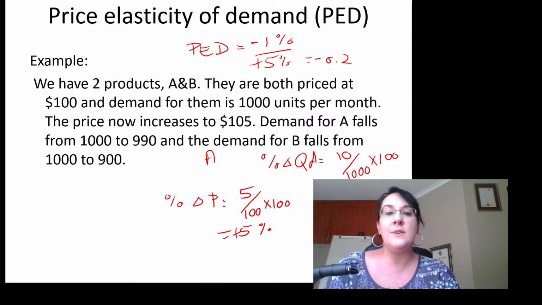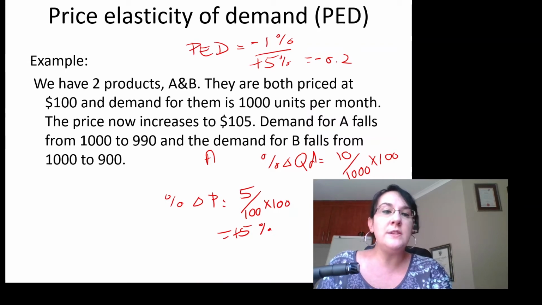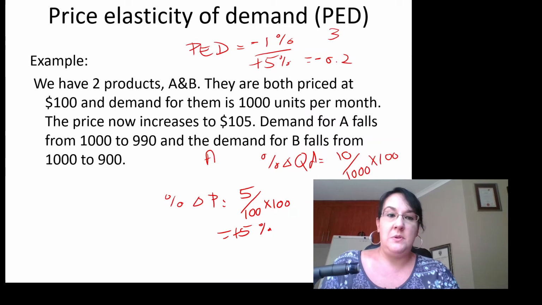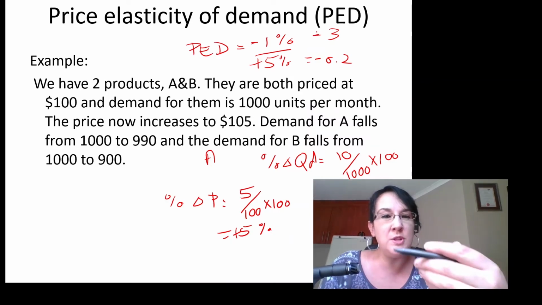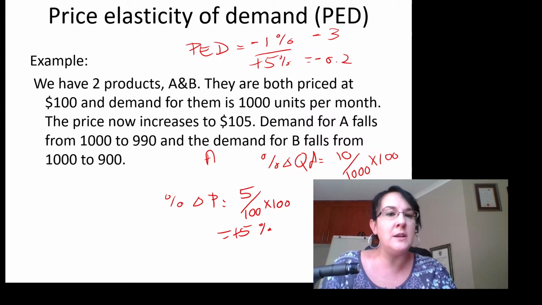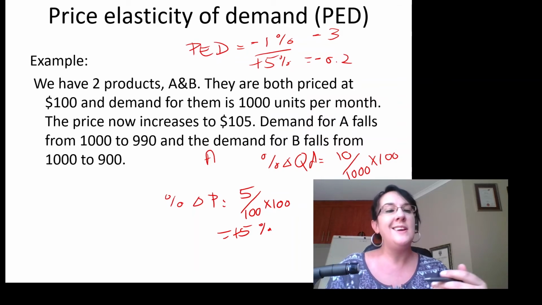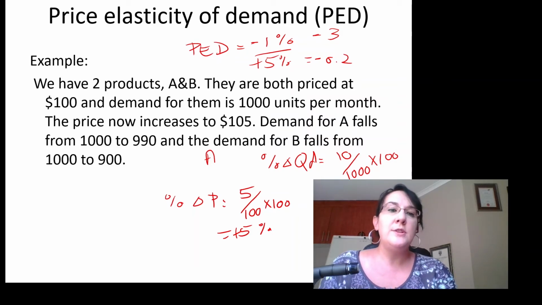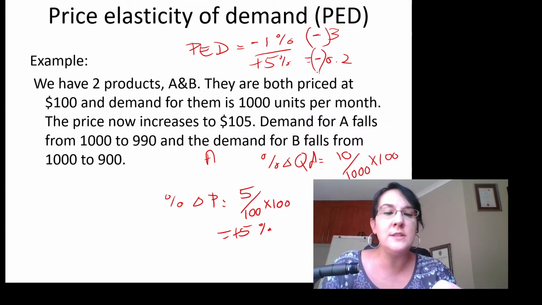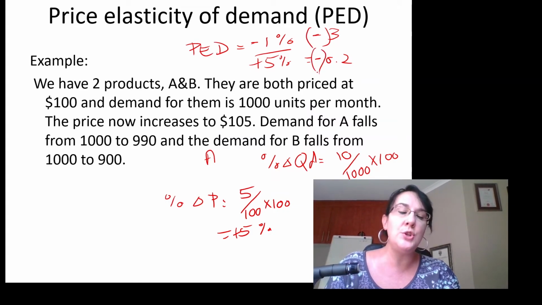So it's relatively inelastic. But what if this value was 3? You're going to tell me 3 is greater than 1? Yes. But PED will always have a minus sign in front of it because of that relationship between price and quantity demanded. So we're going to ignore the sign in front of the value when we are determining whether it is greater or smaller than 1.